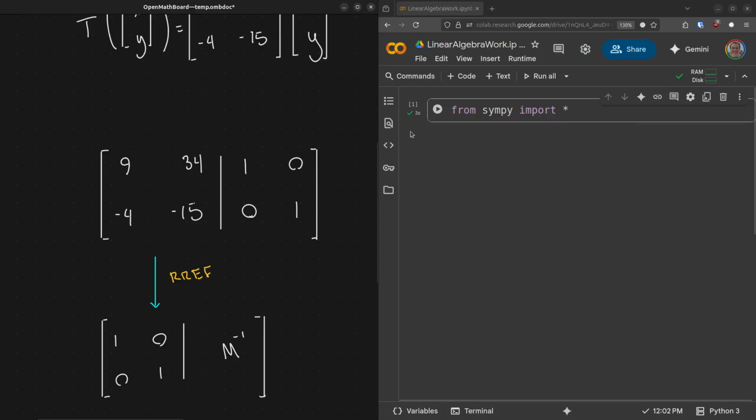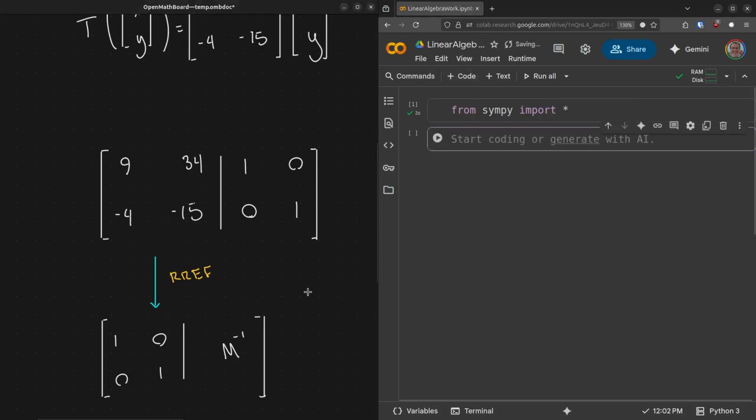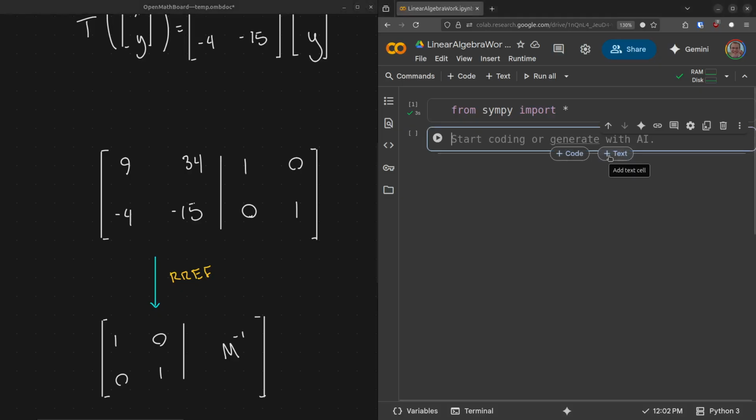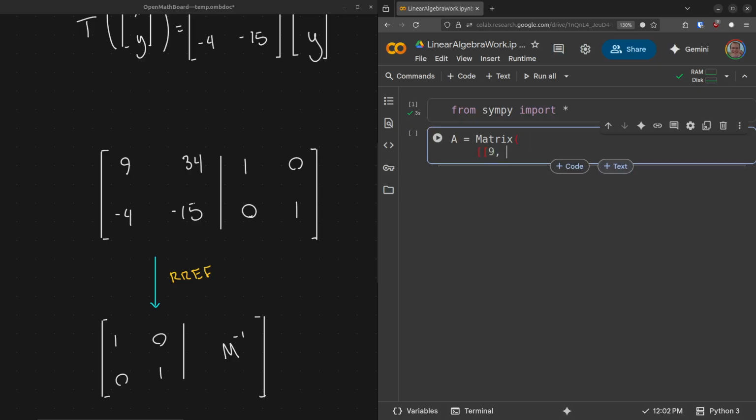All right, so I want to find the reduced row echelon form of this matrix here. Okay, let's put it in. We'll call it matrix A: 9, 34, 1, 0, negative 4, negative 15, 0, 1.